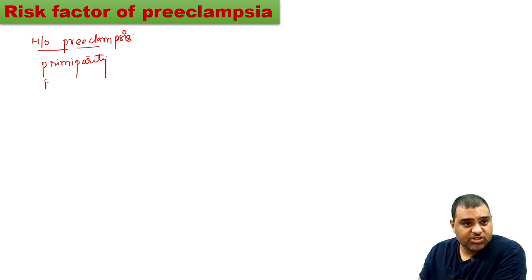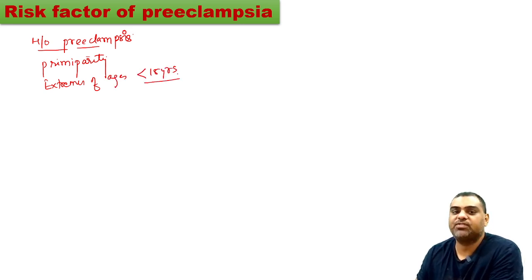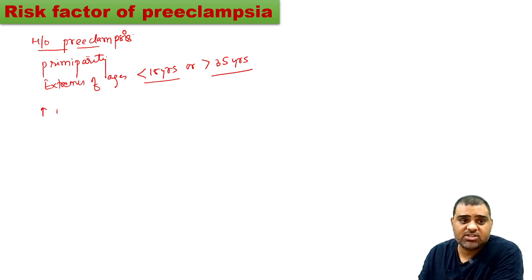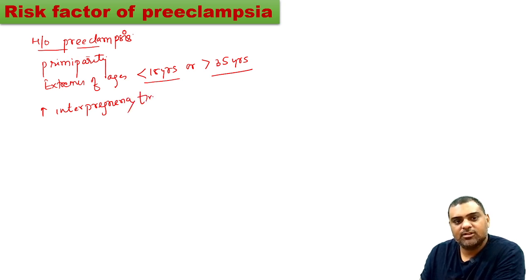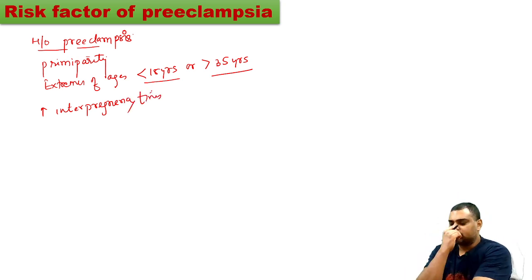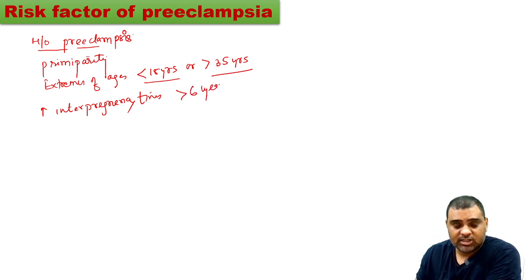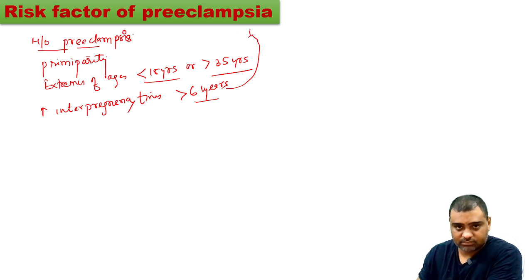Then extremes of ages, that is less than 18 years or more than 35 years. Then increased inter-pregnancy interval. We generally say that between two pregnancies there should be a 3-year gap, but if the gap is more than 6 years, then that is also a risk factor for preeclampsia. Then obesity itself is a risk factor.